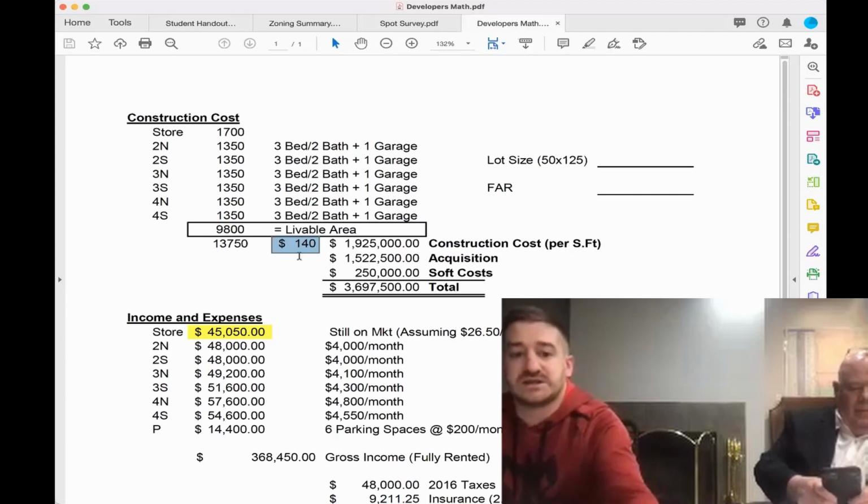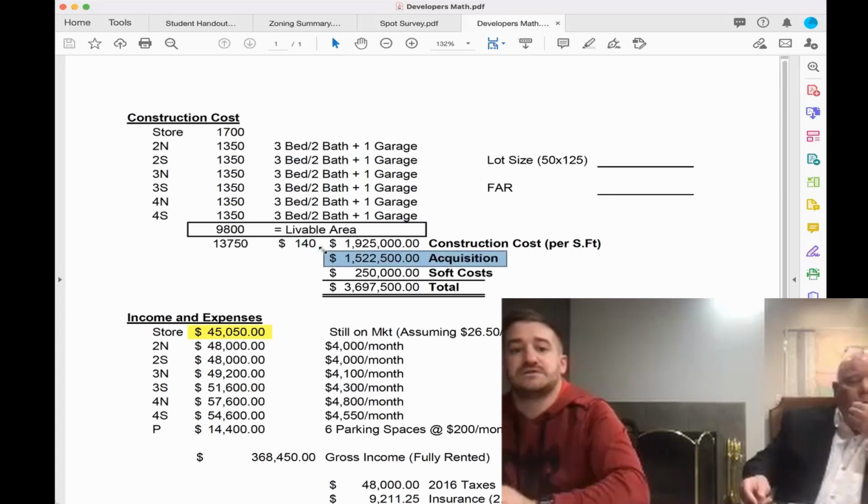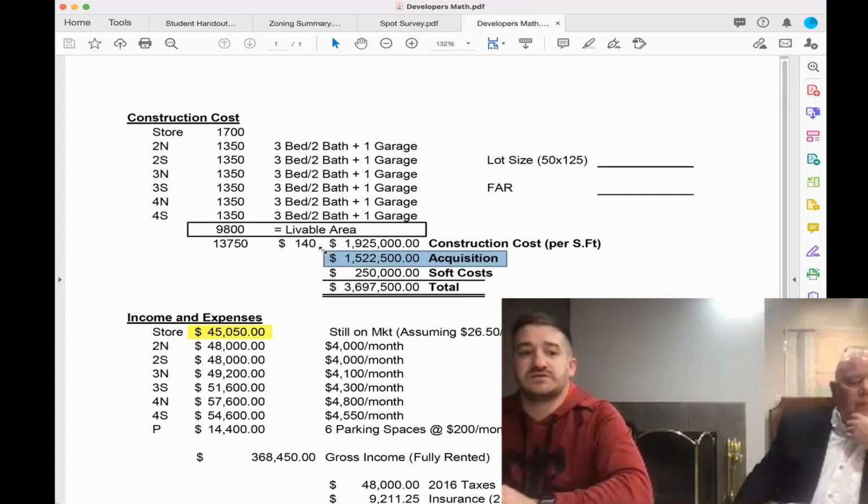And then the price of the land was $1,522,500 to acquire the land.